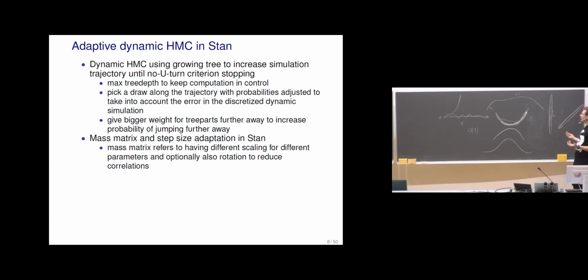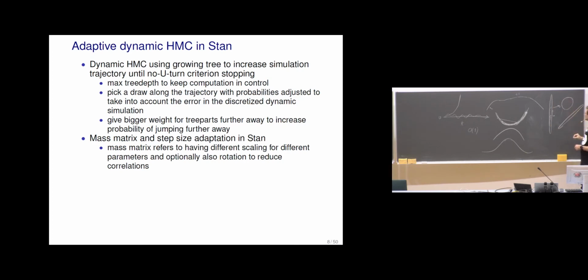And the mass matrix, you can think of it as having a different step size in each direction, or scaling this distribution so that it looks like this. So we just scale along this axis, make it wider, and in this axis make it a bit narrower, and then it looks independent, and then it's easy.